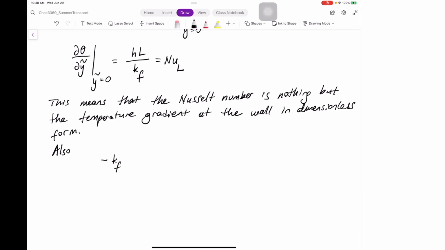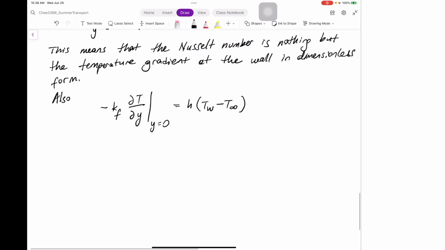Minus kf dT/dy at y equals 0 is equal to h times (T wall minus T infinity). And you can say this is in the order of kf times delta T divided by delta t, right? Because we are particularly interested in the thermal boundary layer, not the hydrodynamic boundary layer, and they have different scales.